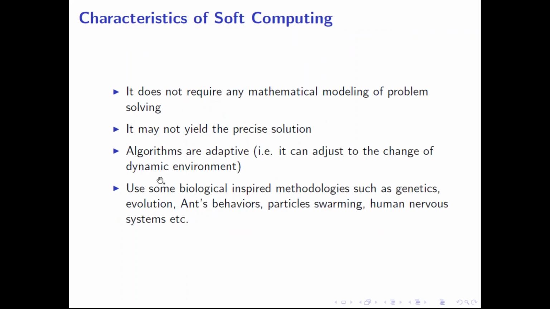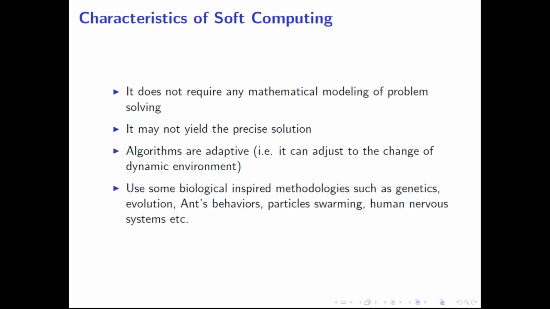Okay, so this is the reason why we are discussing something called soft computing. What are the characteristics of soft computing? Soft computing does not require any mathematical modeling to solve a problem. In the case of hard computing, a mathematical model is required, and only then can you solve a problem.